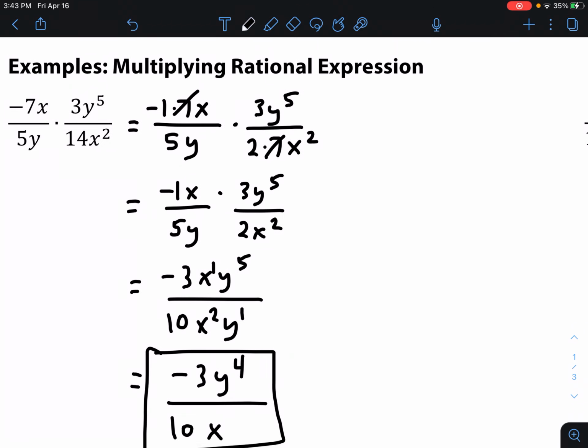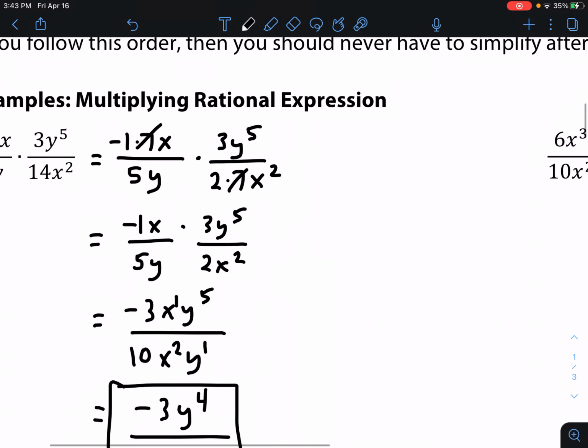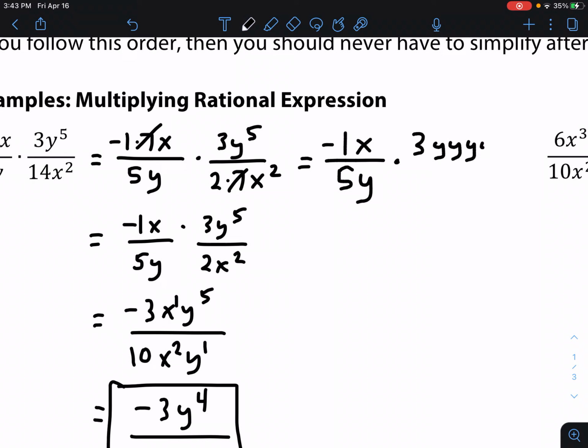Okay, let's do this again here, though. So I'm going to go to the right here and say, all right, this is -1x over 5y times 3, and then I'm going to write 5y's. Now, if you like this method better, by all means, use it. Okay, so I just expanded all of those exponents, and I'm going to go in with a different color to eliminate.